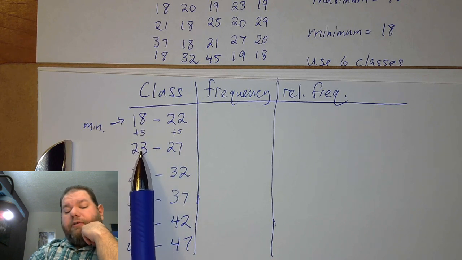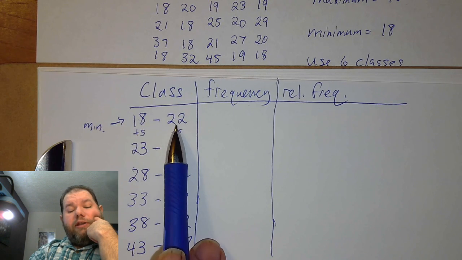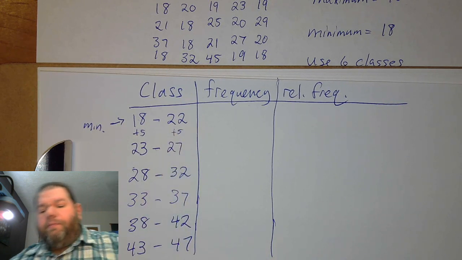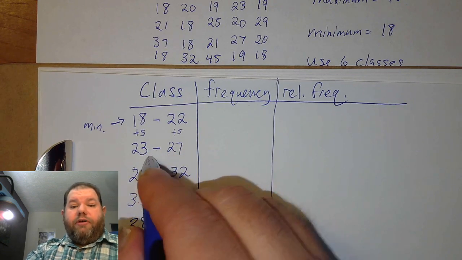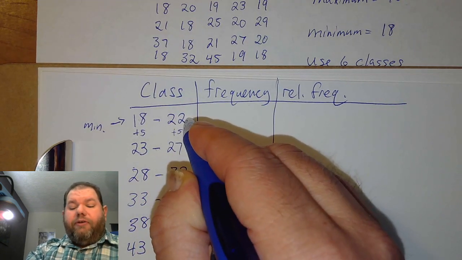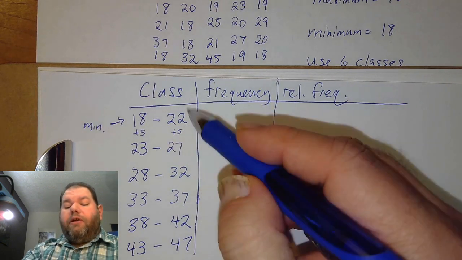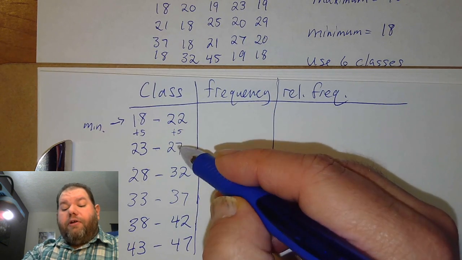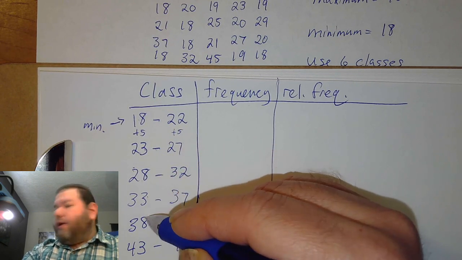We add 5 here to get 23. Then we backtrack to get where the first class ends, which is at 22. Because we just say, okay, well, this one starts at 23, then the previous one must end at 22, the one right before it. And so from there, we just keep adding 5 vertically to get from each term to the next.